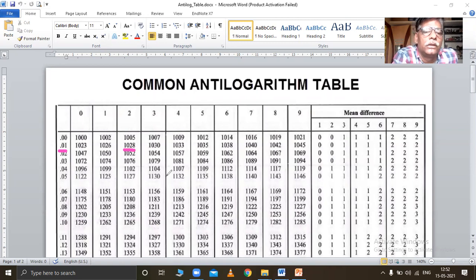Again, 1 is 0, so your answer is 1028. 0, 1, 2, 1. So your answer is 1028. Okay.